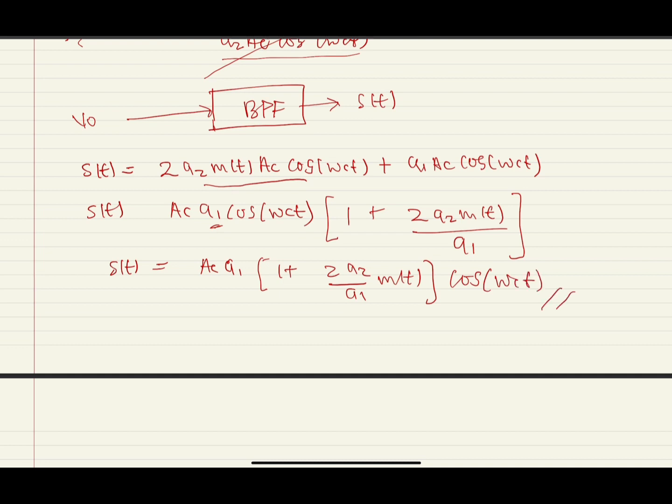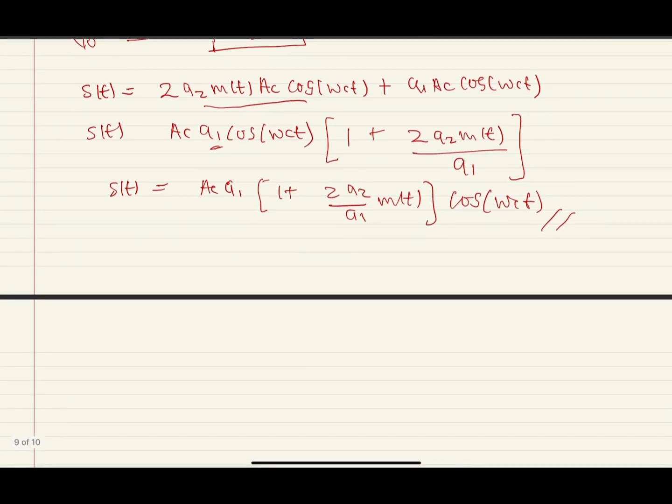So this expression is the general form of the AM wave, and these are all constants, so we assume that A1 is equal to 1 since they are constant.